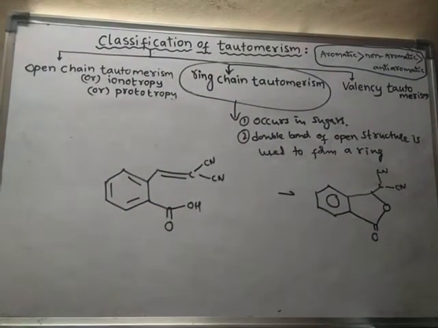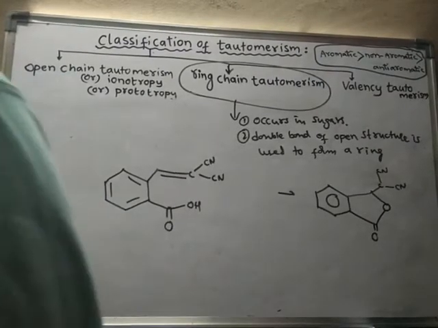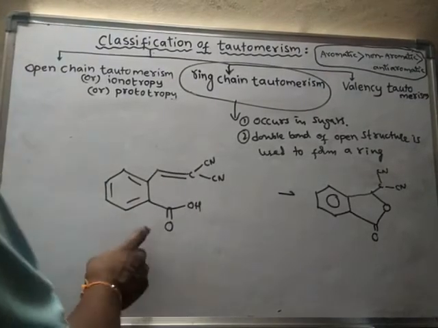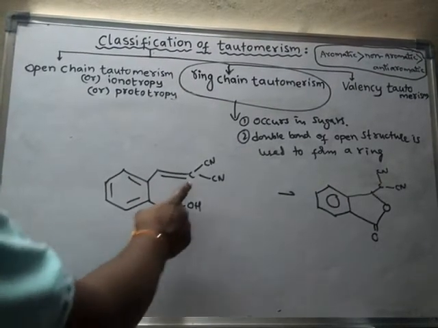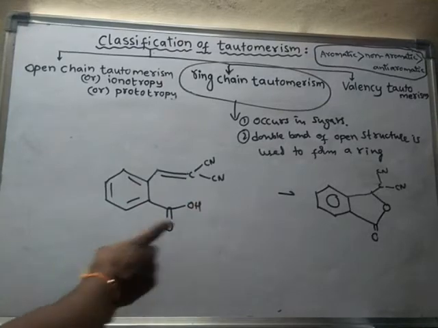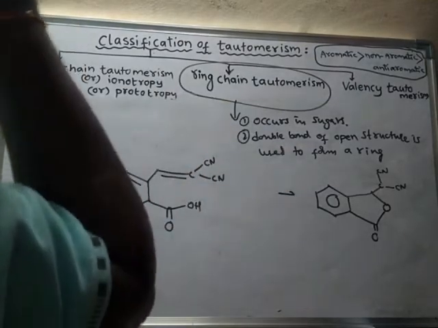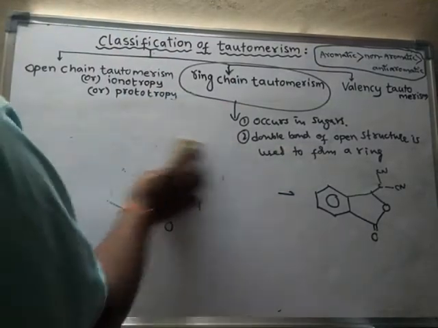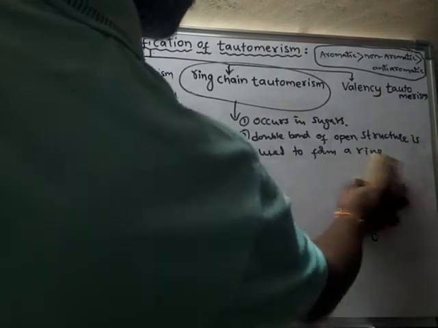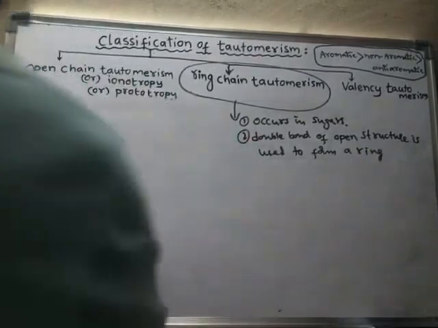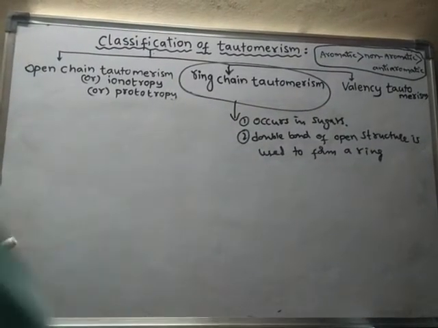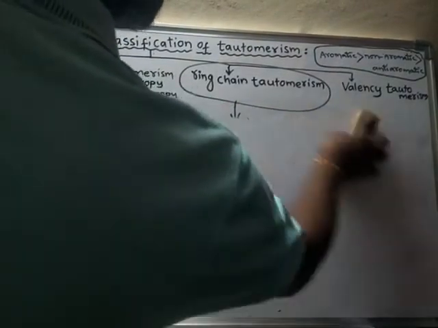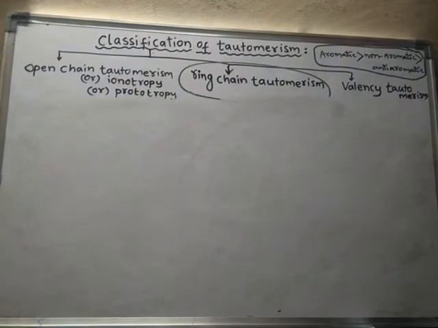Now let us learn about the last type of tautomerism, valency tautomerism. In the previous example, that is benzene amide carbaldehyde. Now the last type of tautomerism is valency tautomerism.